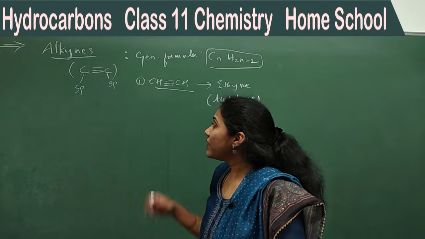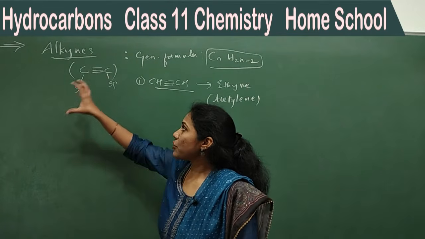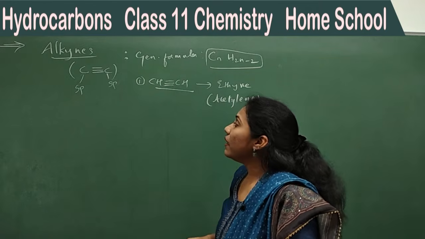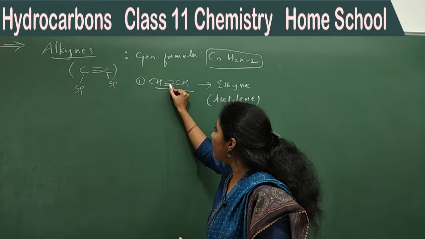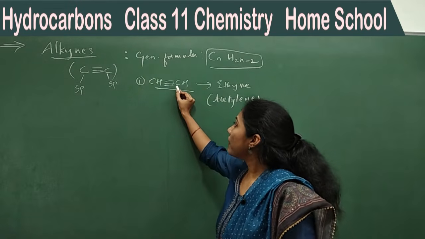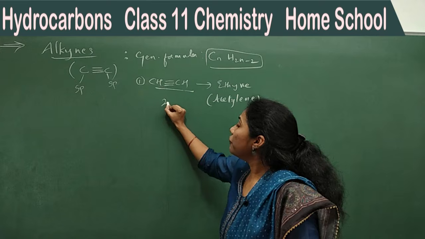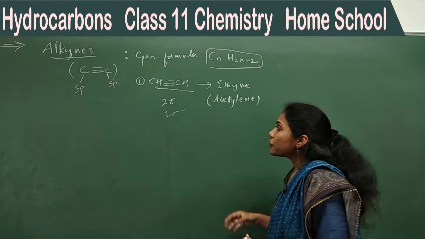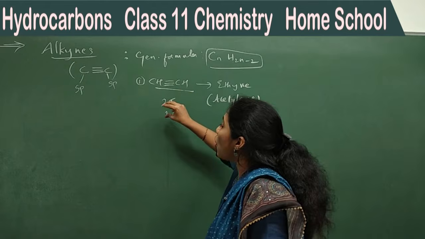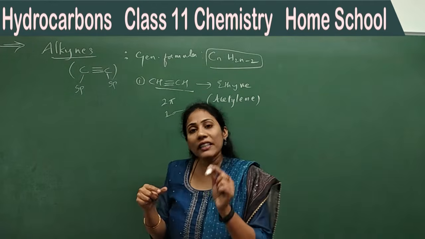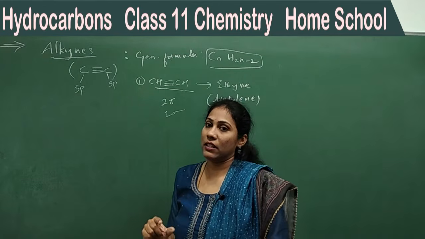Okay, so we have discussed the hybridization of carbons, and also about the first member. And coming to the triple bond that is there between carbon and carbon, in this triple bond, you will always observe 2 pi bonds and 1 sigma bond. Okay, so 2 pi bonds are formed by overlapping of unhybridized p orbitals.